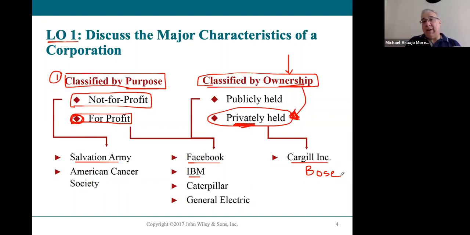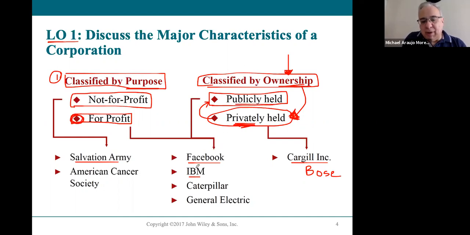So even though they're worldwide, only Dr. Bose, who has since passed, and his associates and family know how the company is doing, because it's private information. Only the owners know. It changes when a company wants to say, we want anybody in the public to be able to own our shares. Then they've decided to change from a privately held corporation to a public corporation.